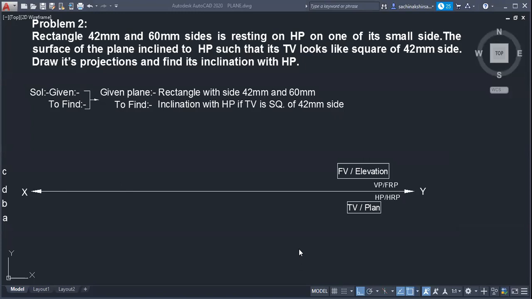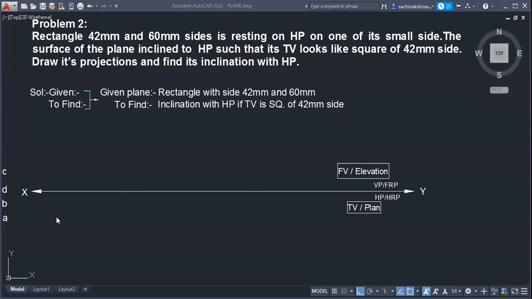Should I draw the rectangle below XY or above XY? In HP, sir. In HP, where is HP? Above XY or below XY? Below XY. So I will draw the true shape of this rectangle below XY because this plane is lying on HP.